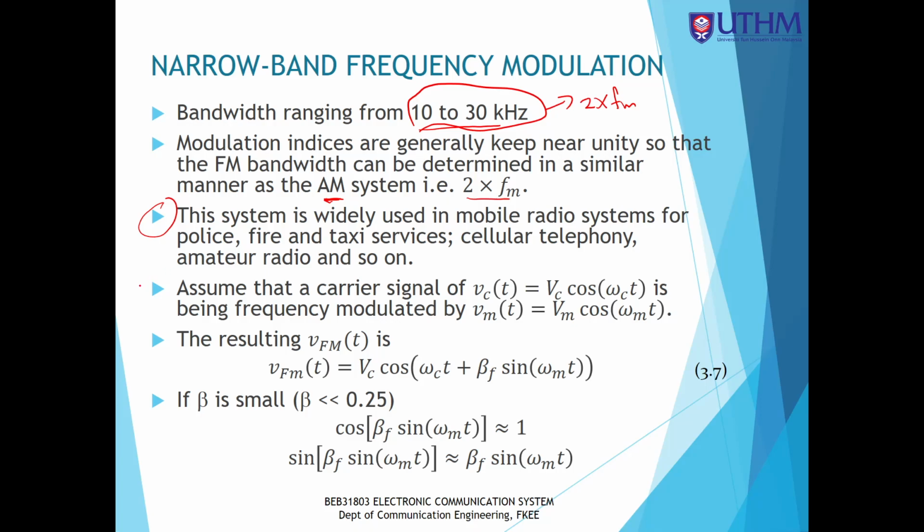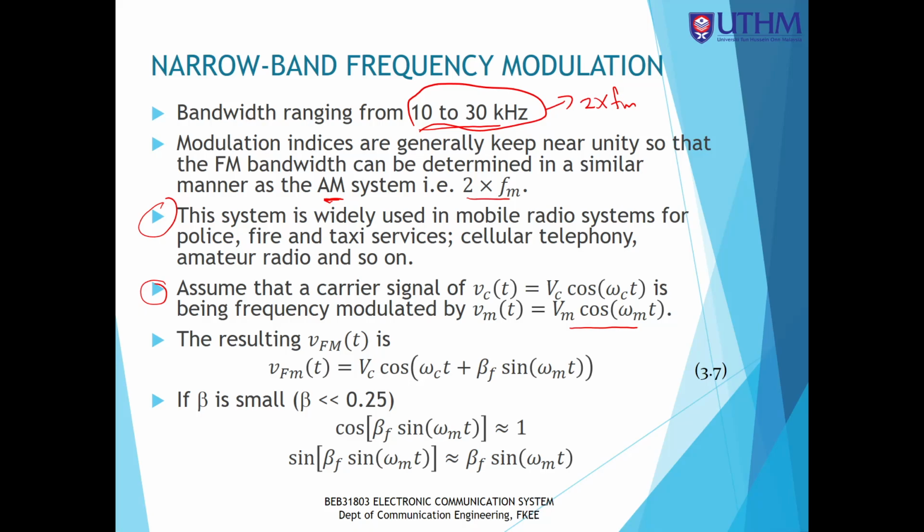So let's look into the equations. Assume that the carrier signal is Vc cos omega_c t, and the modulating signal is equal to Vm cos omega_m t.